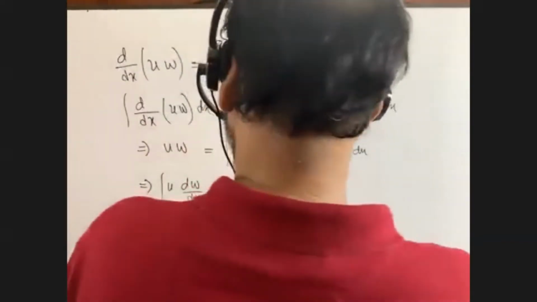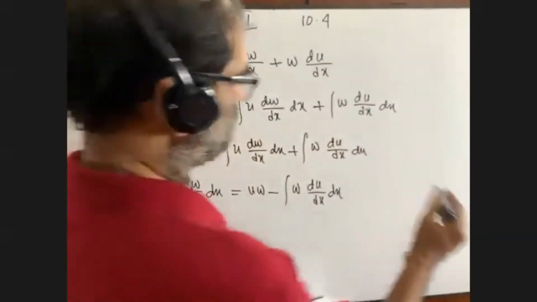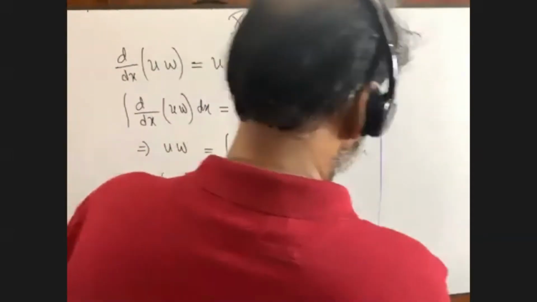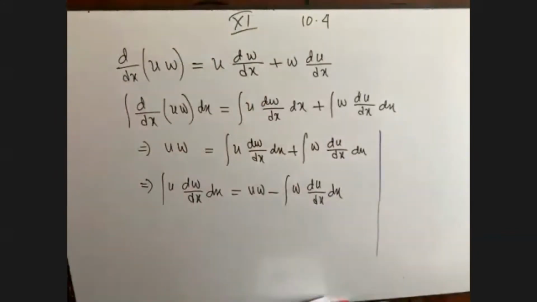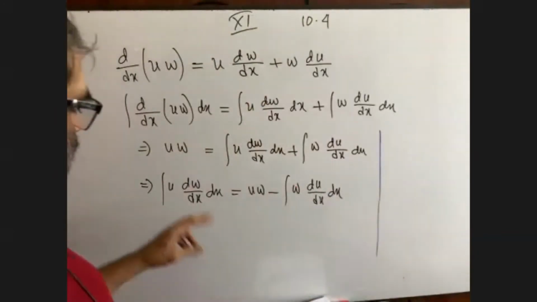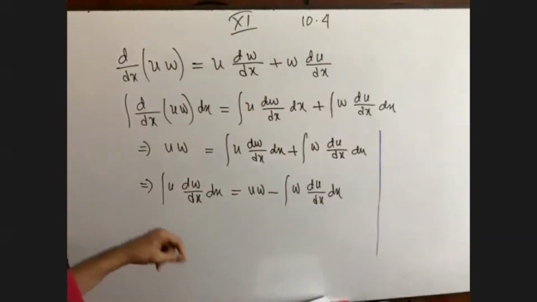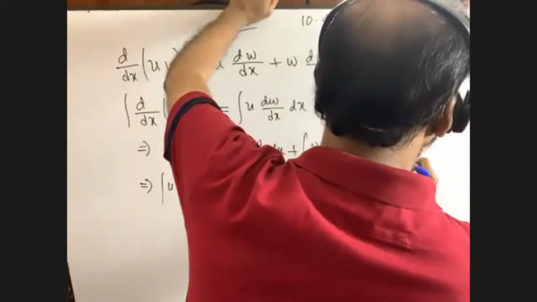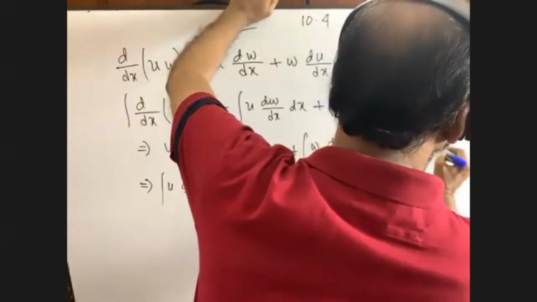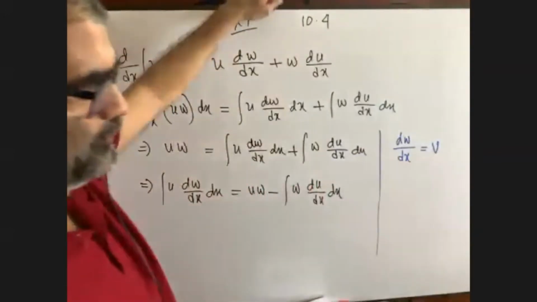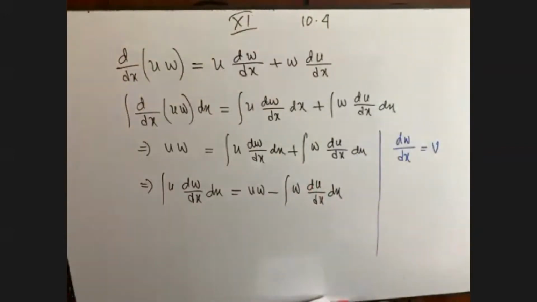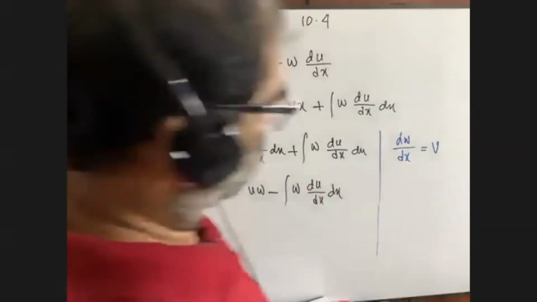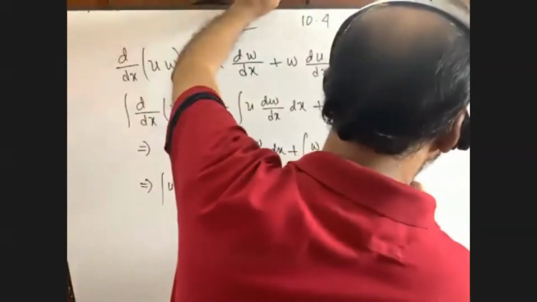Now we write down a side note here. You see this part dw by dx. Let dw by dx be equal to v, suppose. Now if we again integrate it, what will we get?